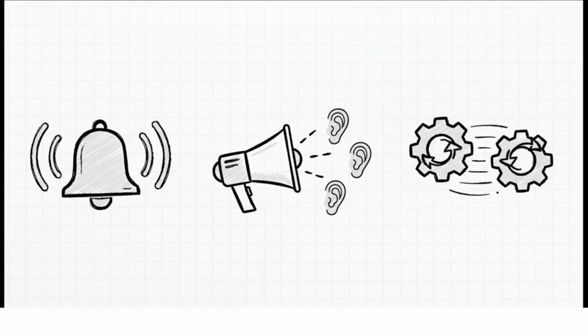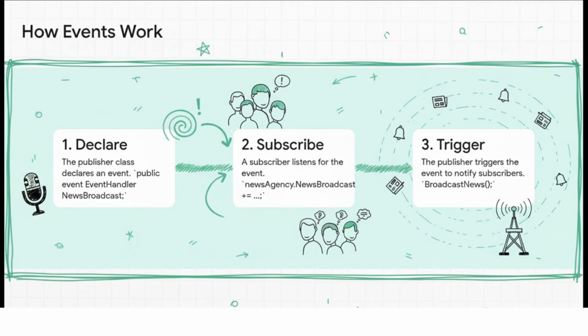The key thing here is the publisher doesn't know and doesn't care who's listening. And that creates this beautiful decoupling where different parts of your application can react to things without being directly wired together at all. And the flow here is just as clean. The news agency class just declares that it has a news broadcast event.